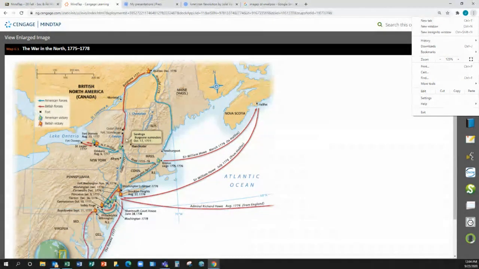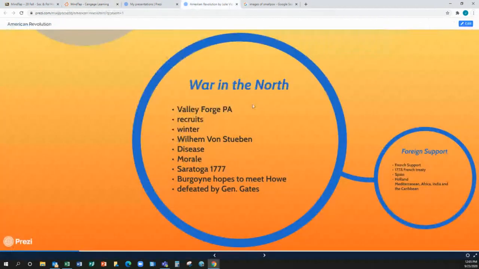They're attempting to bring down their troops from Canada and meet up down here in New York and Connecticut, Boston, Pennsylvania area. Okay, so what does that mean for us? Again, Burgoyne hopes to meet Howe, and in Saratoga of 1777, it is a victory for Washington and the Continentals.